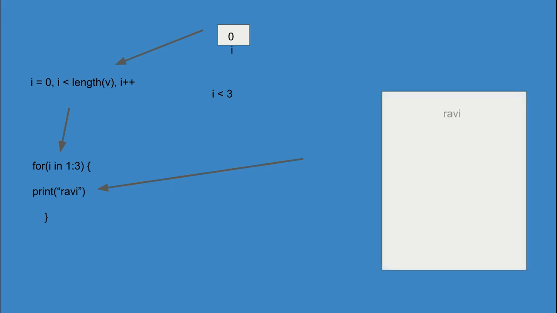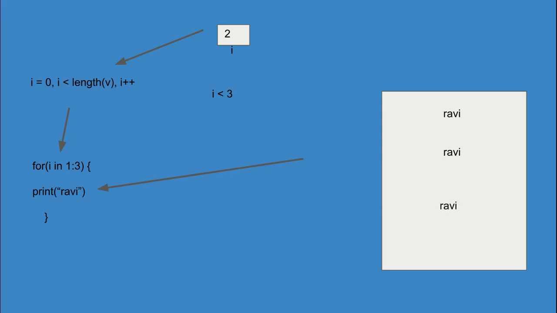Now it will increment: 0 plus 1, we get 1. 1 less than 3 is also true, so the computer executes the code. Now again it will increment: 1 plus 1 becomes 2. Okay, 2 less than 3 is true.